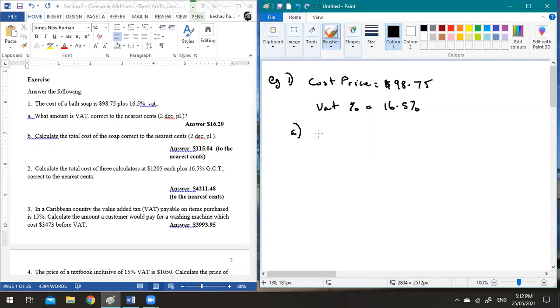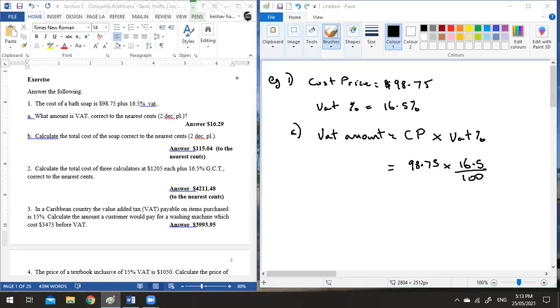So A, the VAT amount or the tax amount, we know is the cost price, the price before the tax, multiplied by the VAT percentage, right? So 98.75 multiplied by the percentage, so 16.5 over 100.